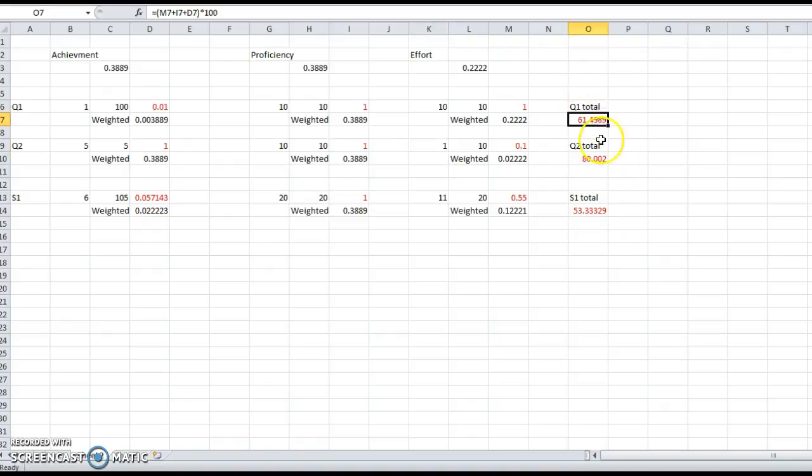Your quarter one total is a 61, your quarter two total is an 80%, but the semester one total is only a 53. So it's lower than either quarter. And again, the reason that worked is we had one category that was underweighted and one quarter that was underweighted in terms of the semester.